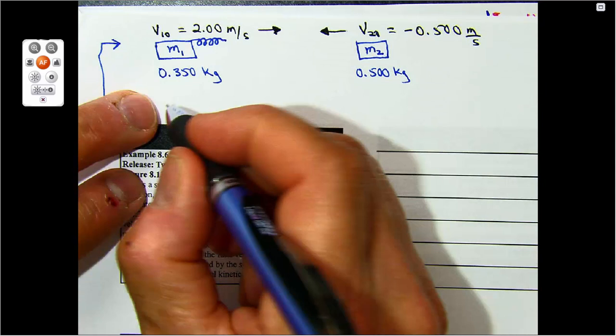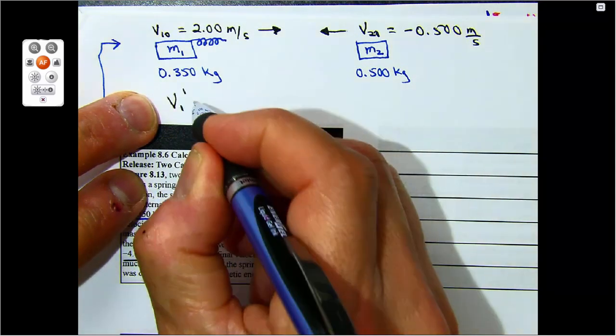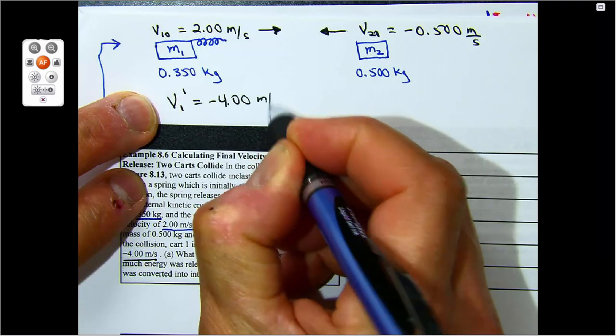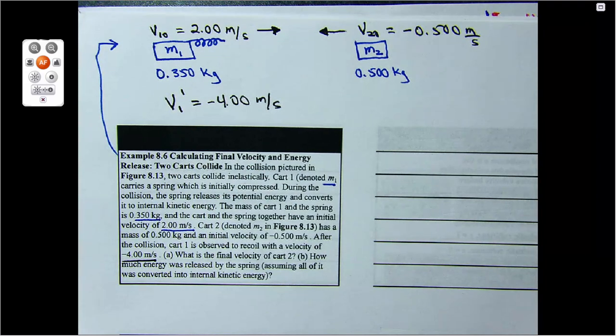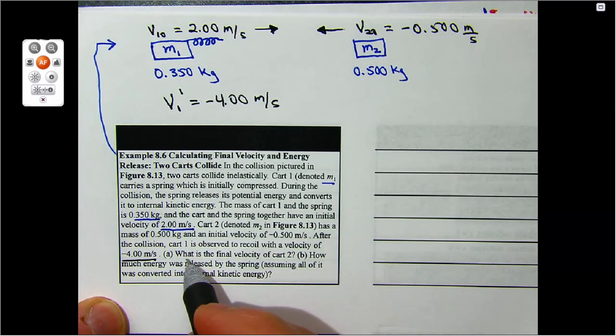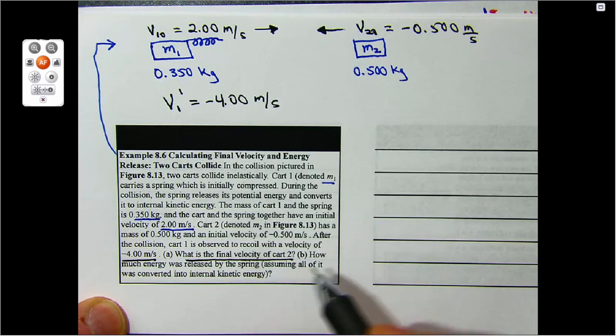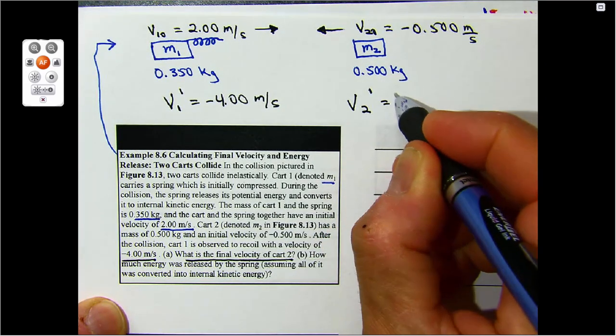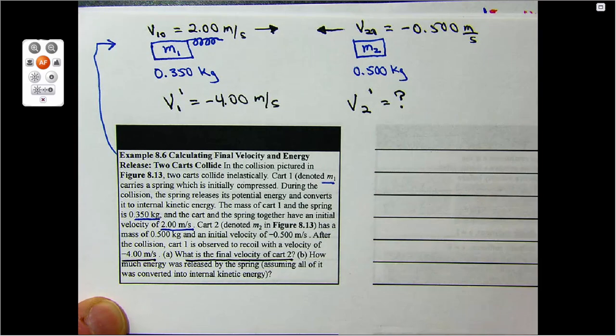We know that V1 prime after the collision is negative 4. It says, what is the velocity of cart 2? So we need to find V2 prime.